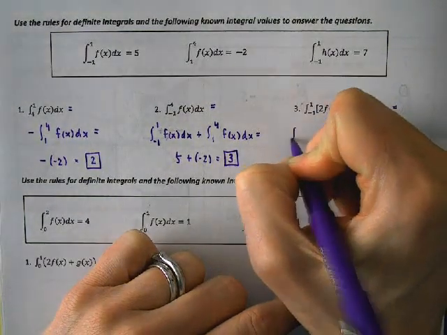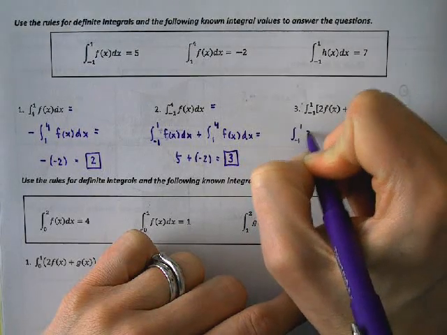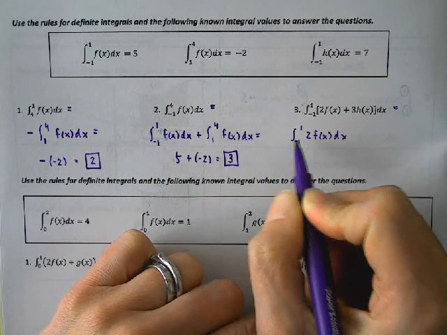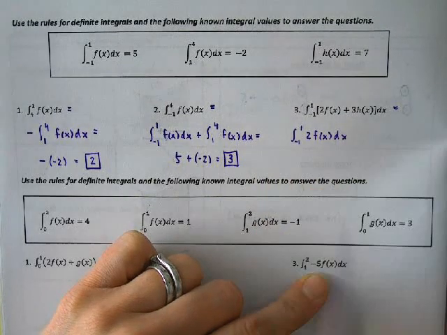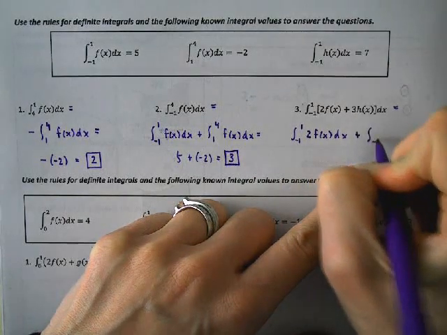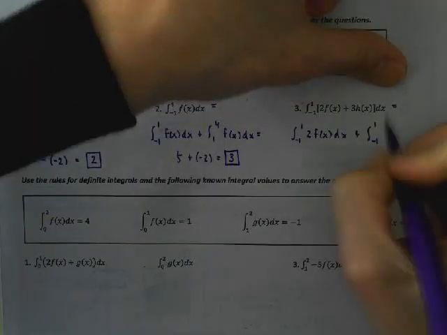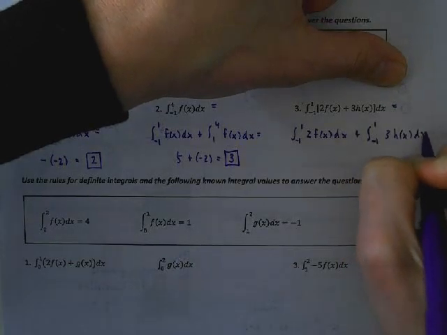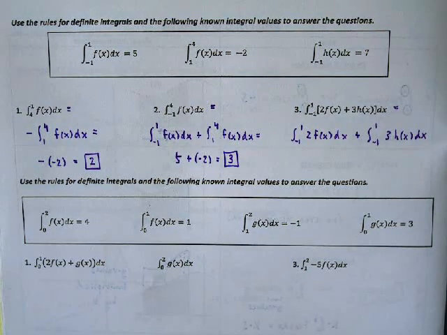So this is the same as the integral from negative 1 to 1 of 2 times f of x dx. Remember, I always have to close out that integral with the dx, plus the integral from negative 1 to 1 of 3 times h of x dx. Sorry, I think I'm making this kind of dark here.